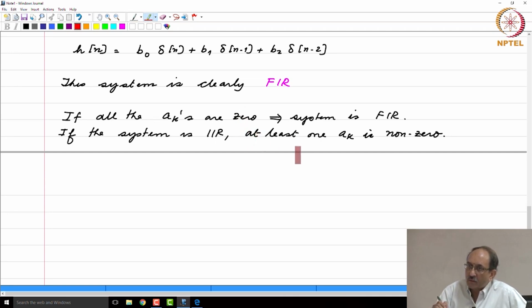A implies B, the contrapositive is not B implies not A. Therefore, not B implies not A: all a_k's are 0 means IIR becomes FIR. So, one is the contrapositive of the other, but what we want to ask is, if at least one a_k is non-zero, does it mean the system is IIR?